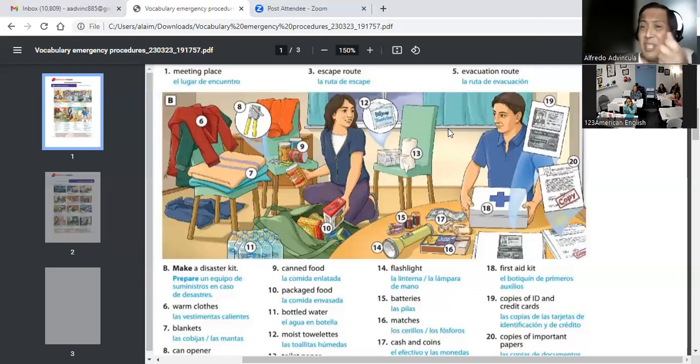Any reason why? The flashlight and the batteries, why are they so important? Because usually the power is out, so we need the flashlight with batteries. That's it.